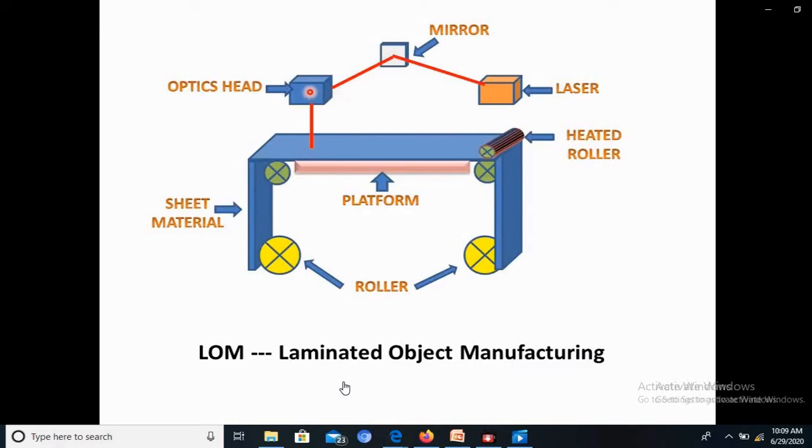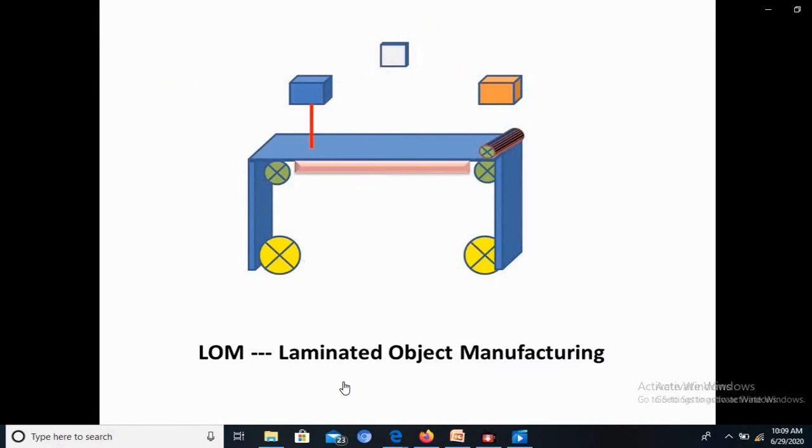Now let us see the animation of this process. These are the parts. Now see here, first the laser will come to this mirror and gets directed to the laser head, and from that it is directed to the sheet material.